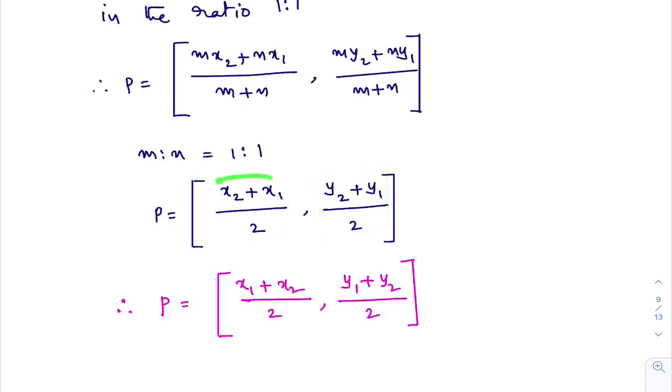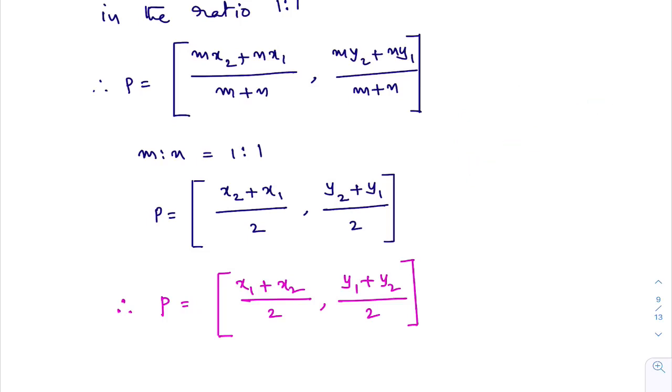Here, x1 plus x2. You see here, x2 plus x1 is same as x1 plus x2. Because we know that in additions, a plus b is same as b plus a. See here, 2 plus 3 is same as 3 plus 2. Okay, not only that, 2 minus 3 is same as minus 3 plus 2.